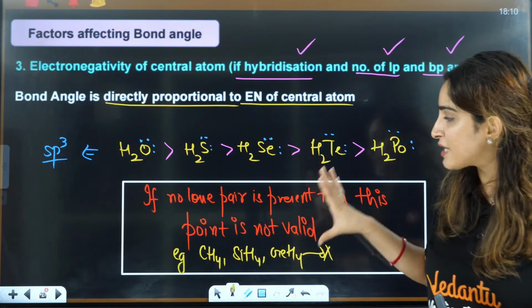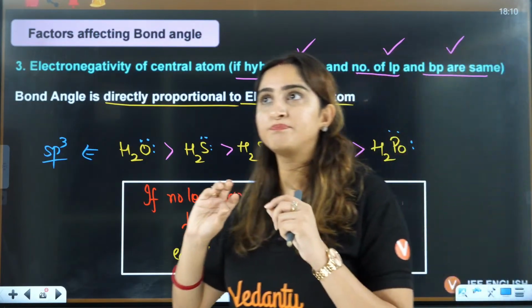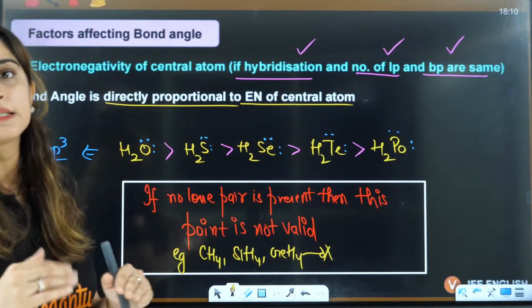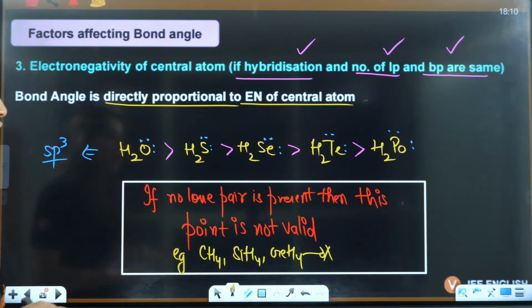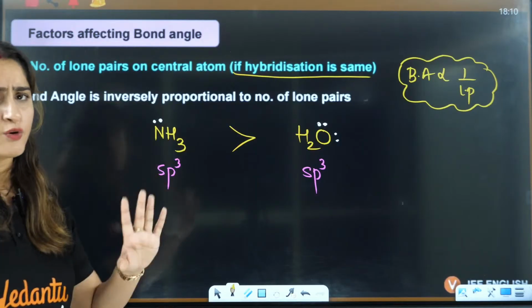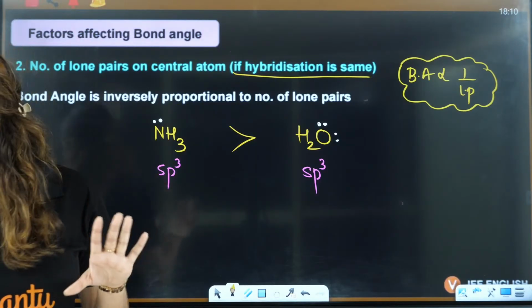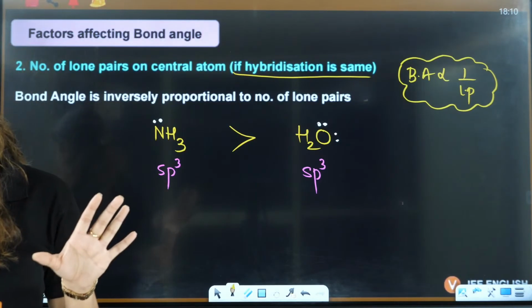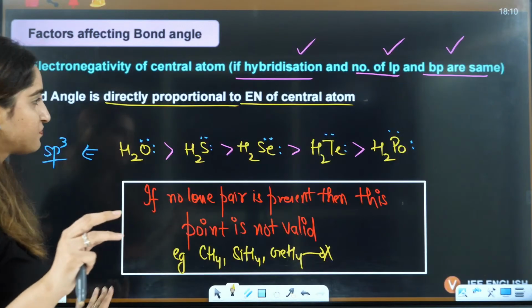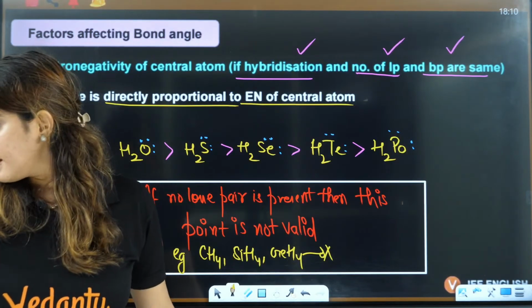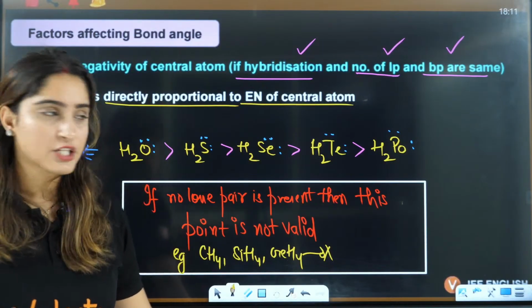But as of now, I am just telling you a point where you can answer things more easily. But if you want to use Drago's rule there, you can do that as well. The answer should be correct, that's the only thing. Understood? Yes, everybody? Chalo.